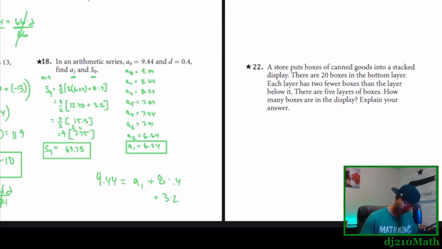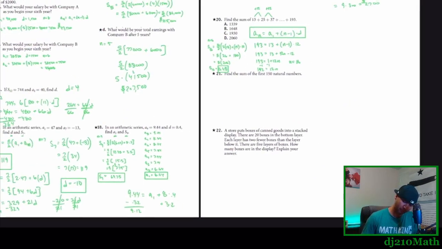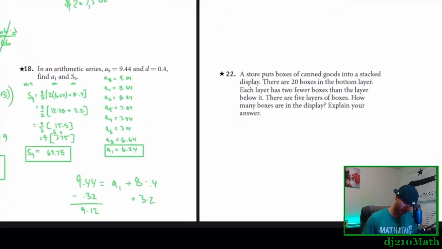So when you subtract 3.2, you're going to get 9.12. No. Is it 9.12? Maybe I was wrong. That's not it. A sub 9, 9.44. A sub 1, we don't know. Plus n minus 1.